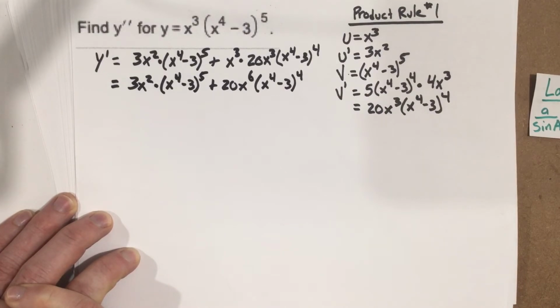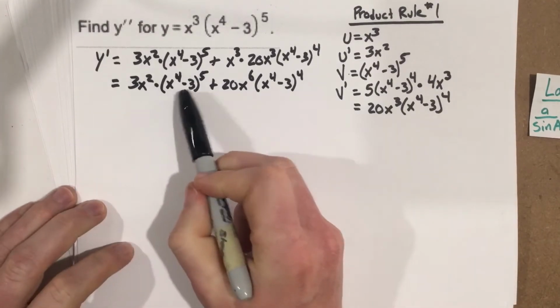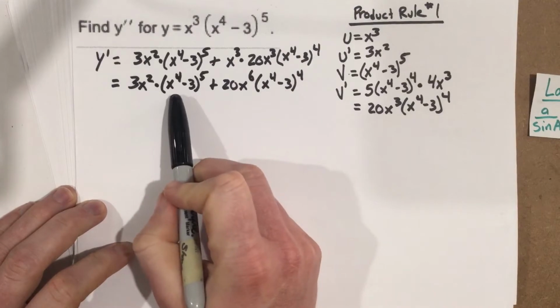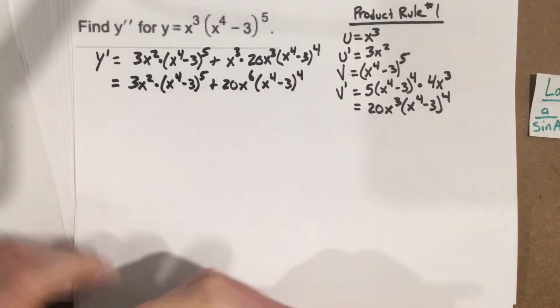Now I think at this point, if we wanted to, we could do some factoring here. I think we could factor out x to the fourth minus 3 if we wanted to. I don't really know if that helps us any. Let's see what happens when we do that.